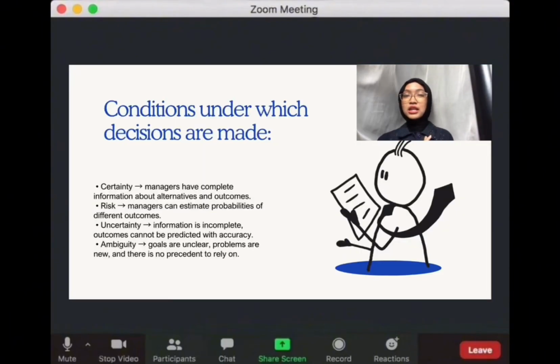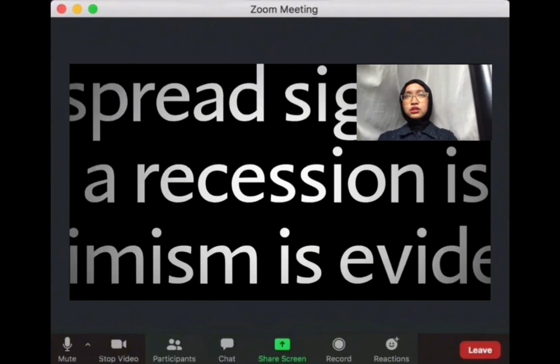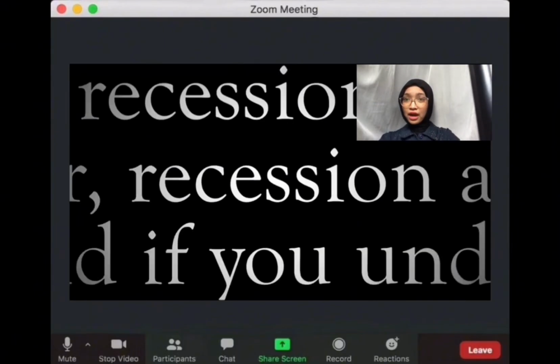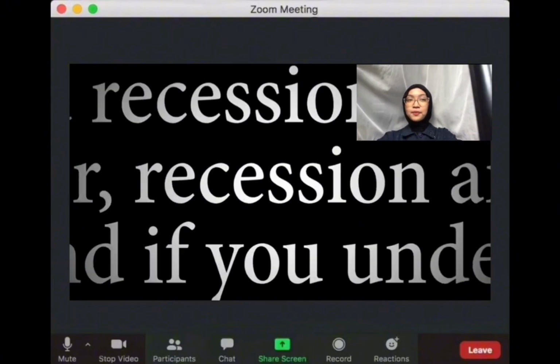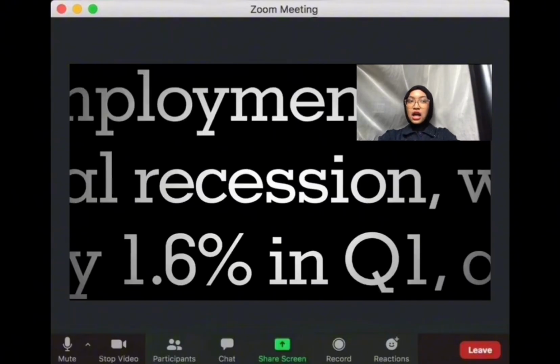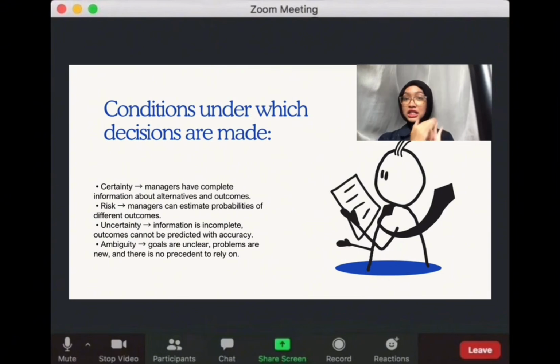And the last one is ambiguity. Ambiguity is when situations are unclear, goals may not be well defined, and the solutions are not obvious. Understanding these conditions helps managers choose the right approach in making effective decisions.